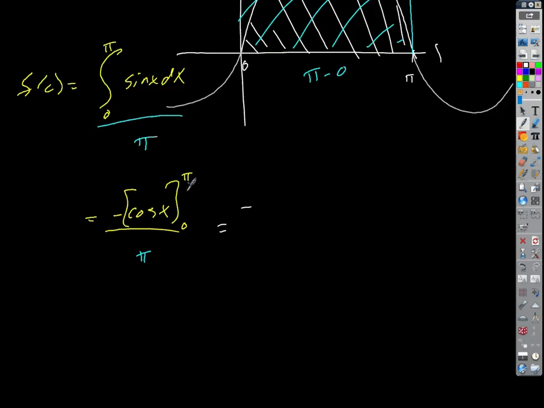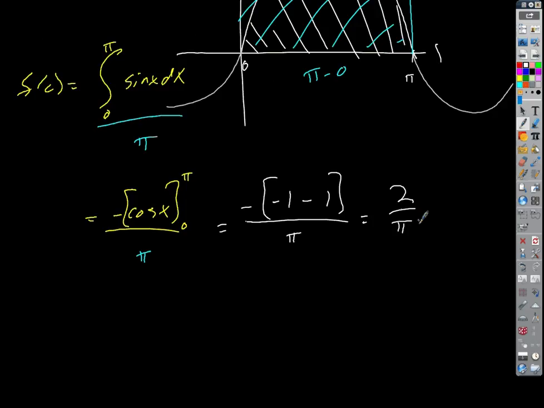I'm going to take the difference between cosine x evaluated at pi and 0. So negative, what is cosine of pi? -1. -1, good. Minus cosine of 0? 1. 1, good. So that gives me -1 times -2, so I just get 2 over pi. Okay, so there's the average value of the function.